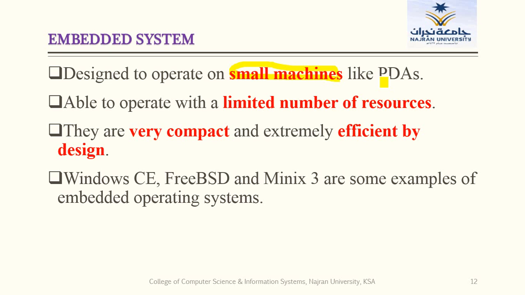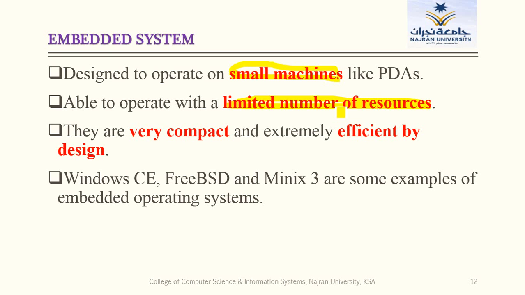One of the advantages of embedded operating systems is that they can operate with a limited number of resources. They don't need too many resources. If you see your smartphone, it has an operating system, and it is not necessary that you have 10 GB of memory in your mobile for it to install and work. No, with limited memory, speed and everything, they can operate very efficiently.